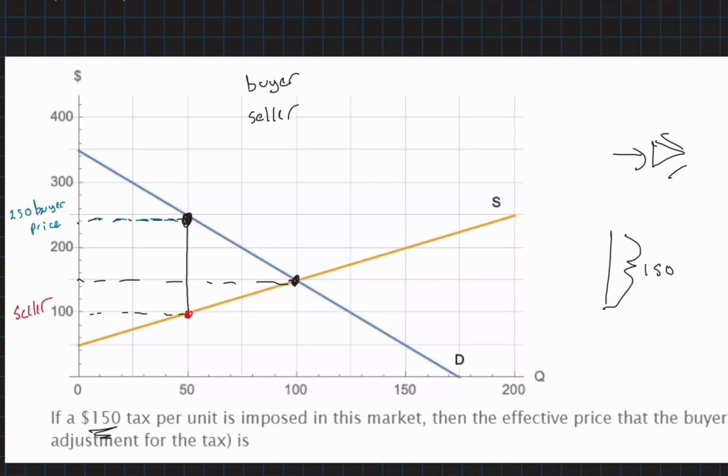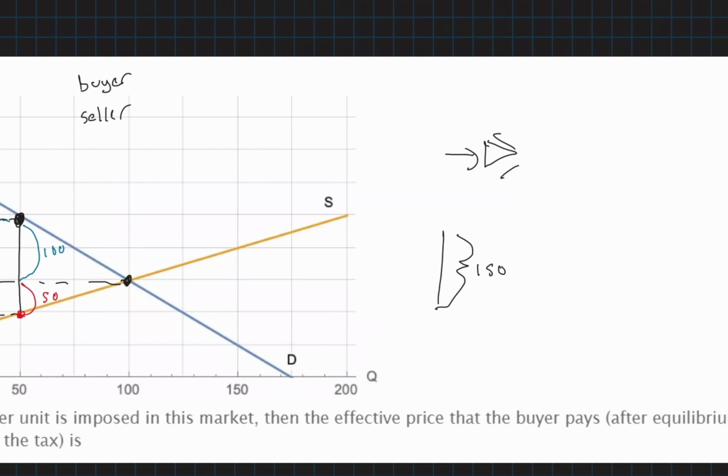So in this case, buyers are bearing $100 of the tax, and sellers are bearing $50 of the tax, and combined it's $150. So who bears more of the tax burden? It's the buyers. And the way you know who bears more is based upon the elasticity, based upon the slopes of the curve.